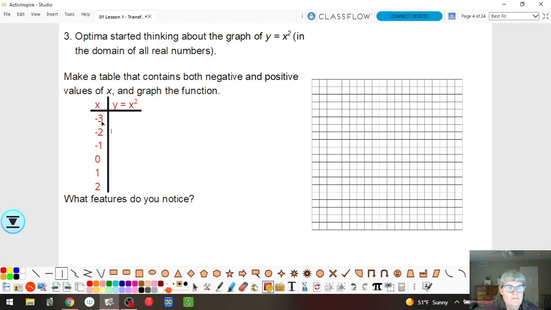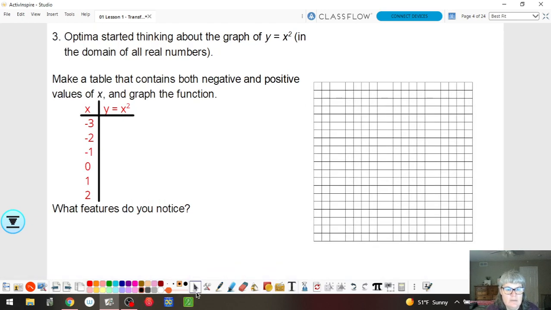So to find the value when x is -3, we have to do -3 squared. -3 squared is 9.